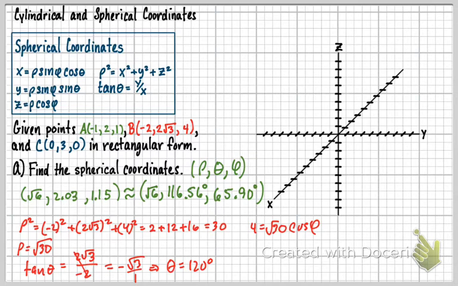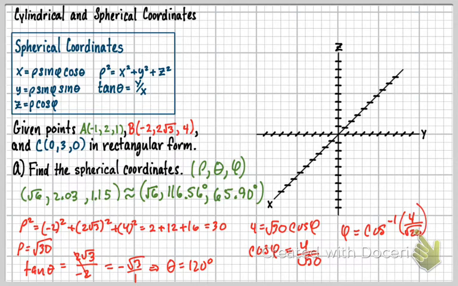First thing I'm going to do is divide by square root of 30. So cosine of phi equals 4 over square root of 30. Then I simplify if I can, which I can't. So I'm going to just take the cosine inverse of both sides. Then phi is going to equal cosine inverse of 4 over square root of 20.